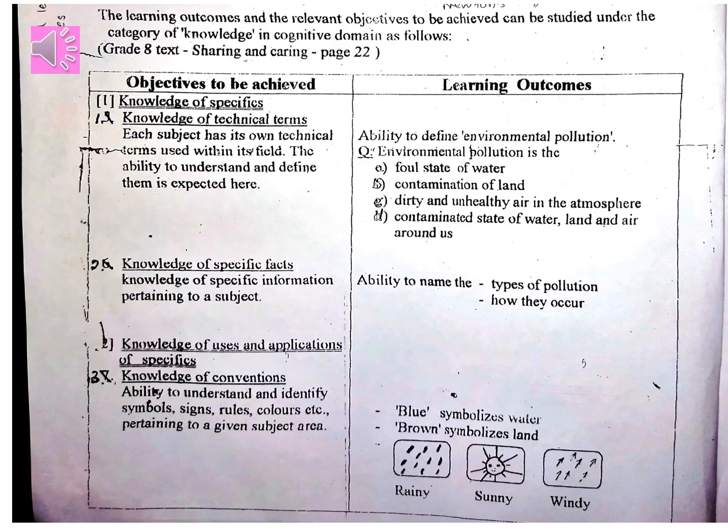So blue symbolizes water, brown symbolizes land. These symbols refer to rainy, sunny, windy, right? If it is maths, more than symbol, equation mark, approximately equal, less than mark, right? Those are symbols.